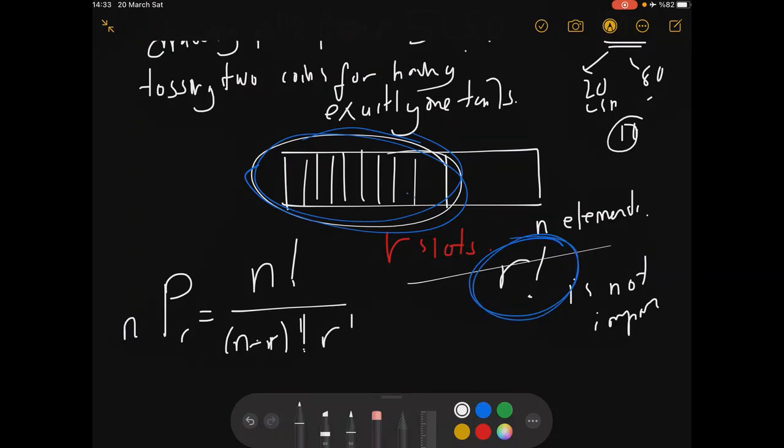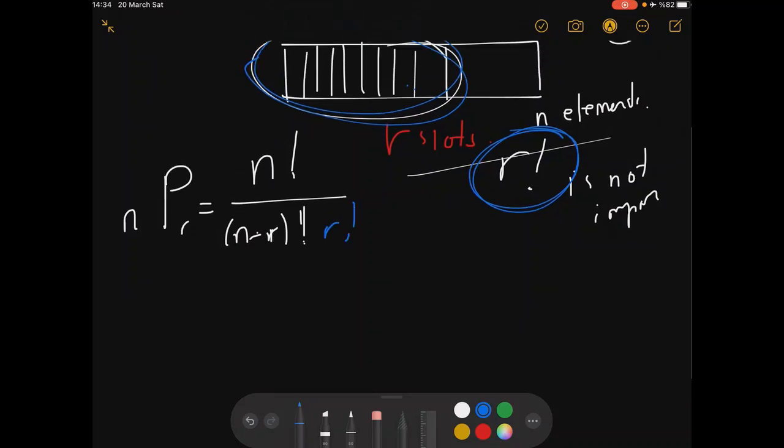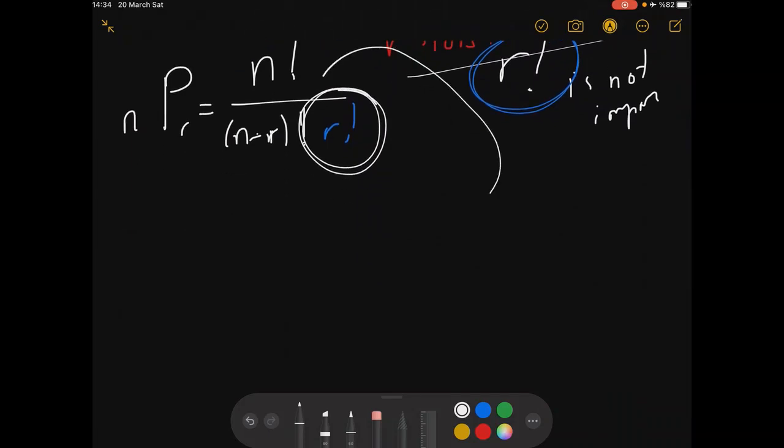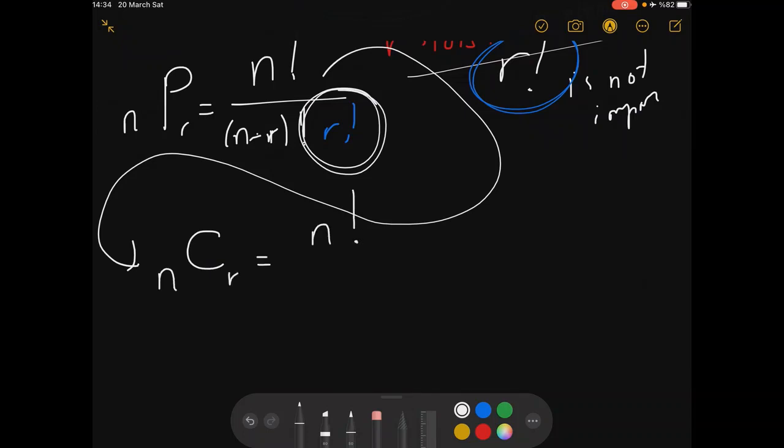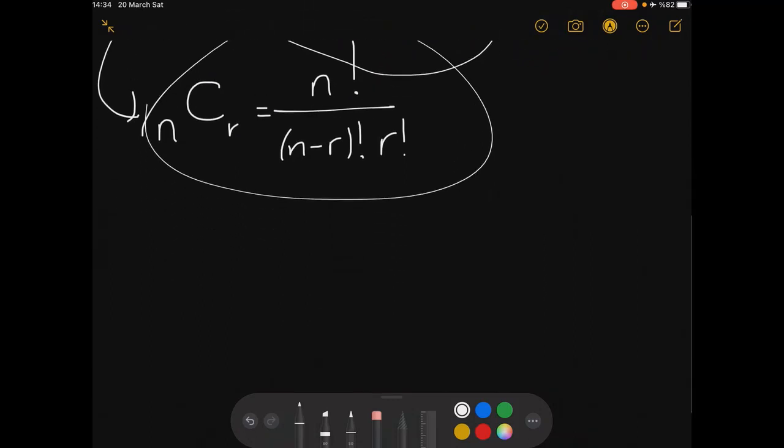Of course this is not permutation anymore, but if you put r factorial here, it becomes your combination, n factorial over r factorial times (n minus r) factorial. That's the idea. So it becomes your combination formula, roughly.